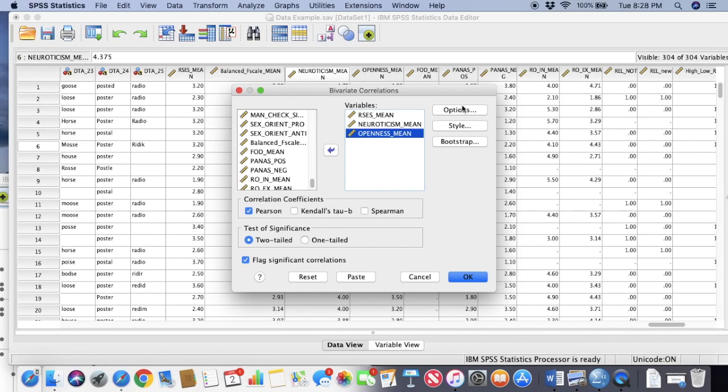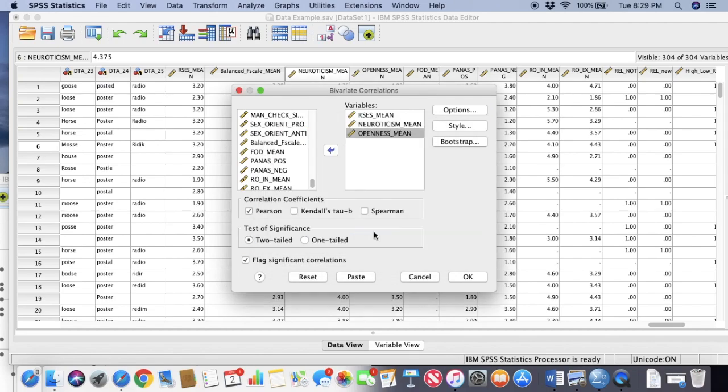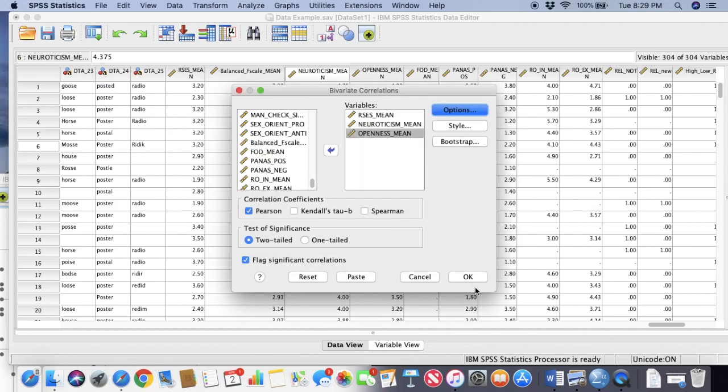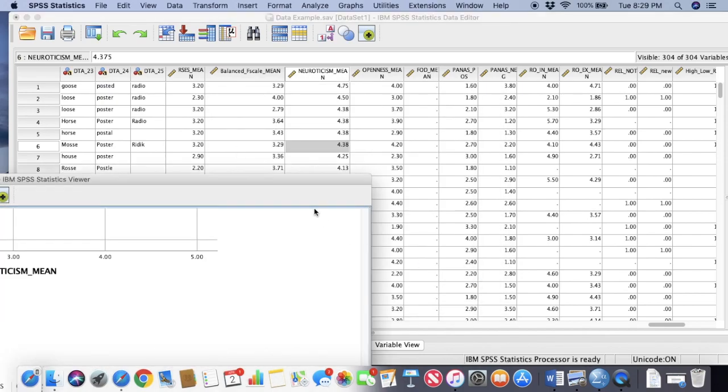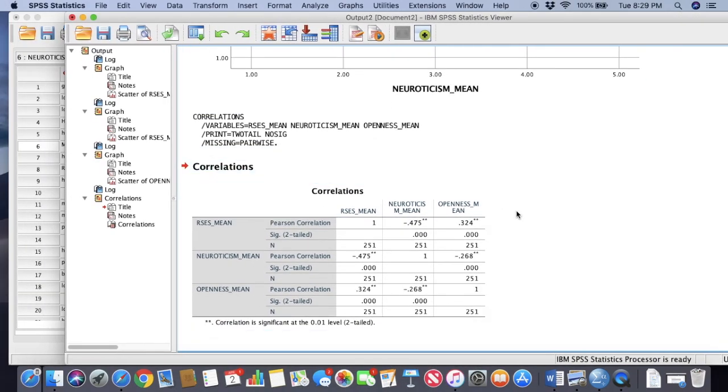One additional thing you can do is, if you go to Options, you can add means and standard deviations for each variable, but that's not really necessary for what we're trying to do right now. So let's just go ahead and do it. And here you go. Here's our correlation table. I'm going to take a snapshot.